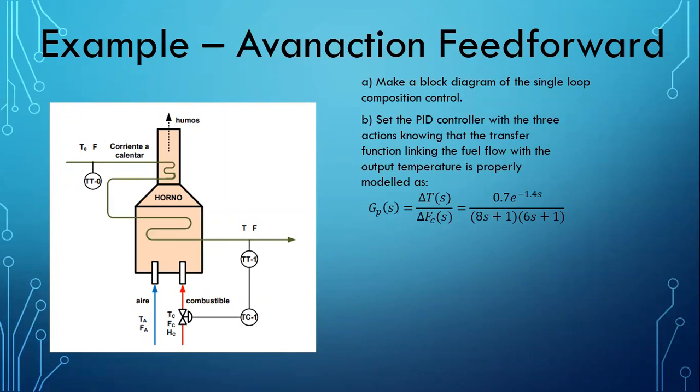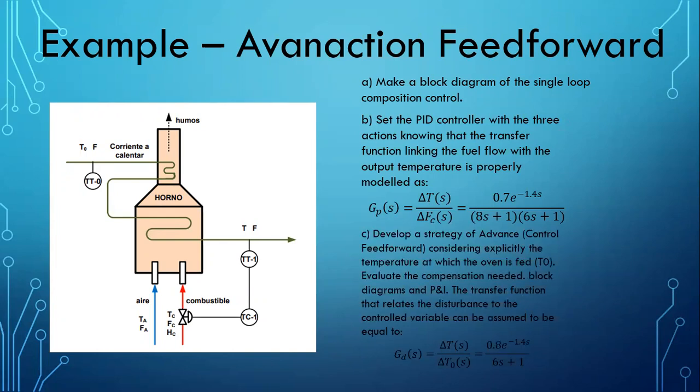Set the PID controller with three actions, knowing that the transfer function linking the fuel flow with the output temperature is properly modeled as GPS, delta Ts over delta FCS, equal to 0.7 e to the minus 1.4 s over (8s plus 1) times (s plus 1), and develop a strategy of advanced control feed-forward, considering explicitly the temperature at which the oven is fed. Evaluate the compensation needed, block diagrams and PI.